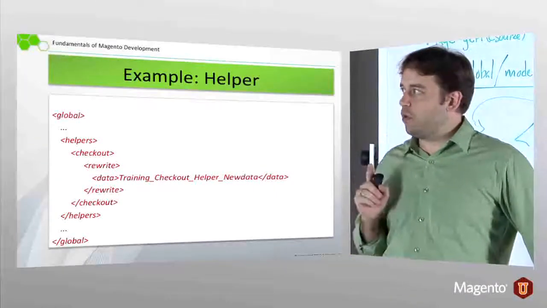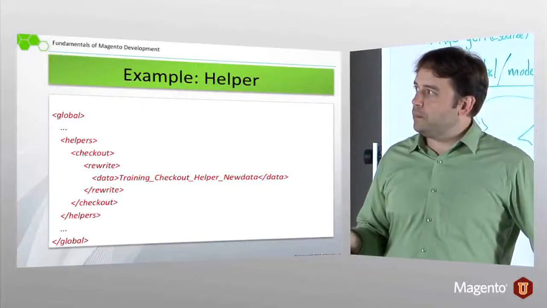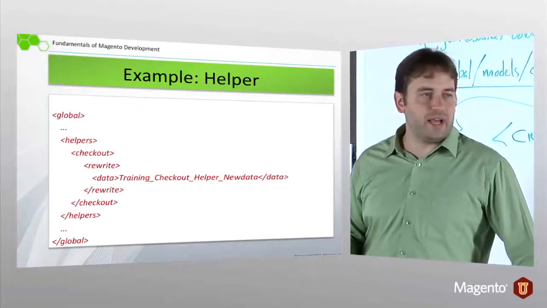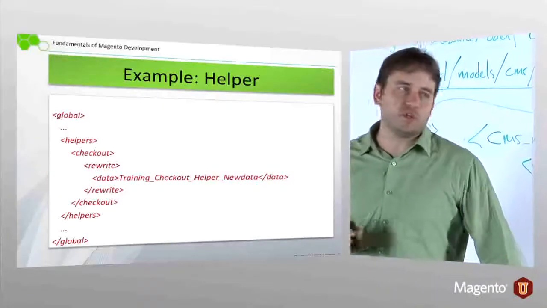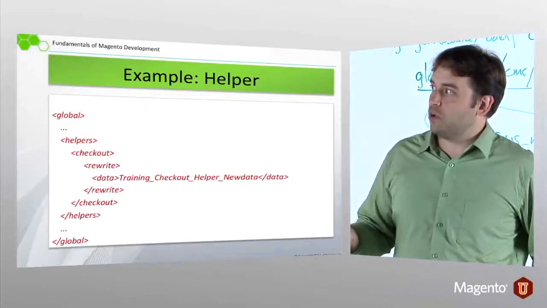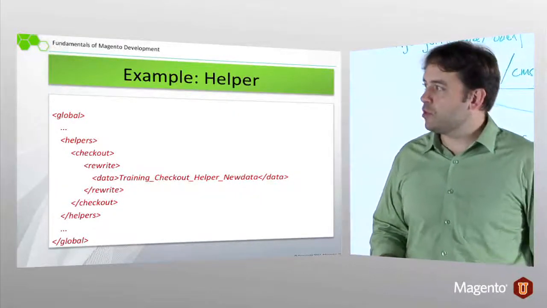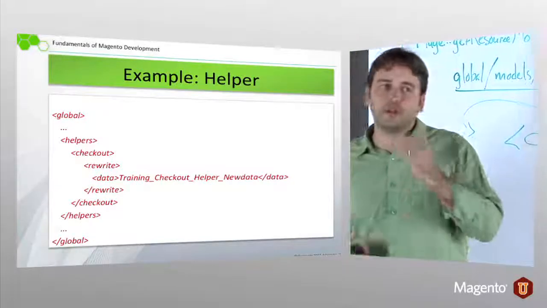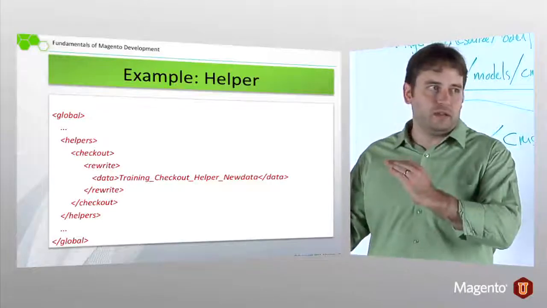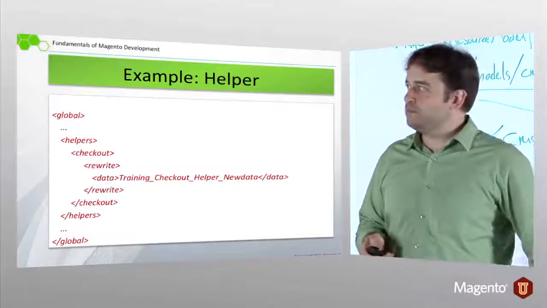For helpers only, and you can see this in Mage core model config, if there's no class name passed in, the assumption is data. So the class that we're overriding here would be Mage checkout helper data.php. You could call the same thing with Mage helper checkout/data, but Mage checkout/data and checkout are the exact same thing for helpers alone.